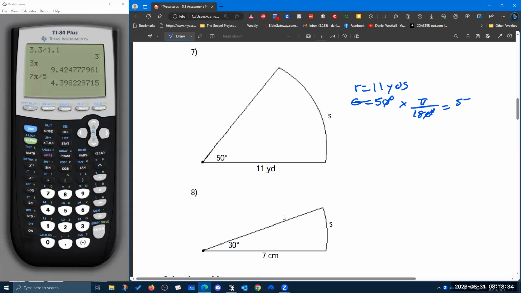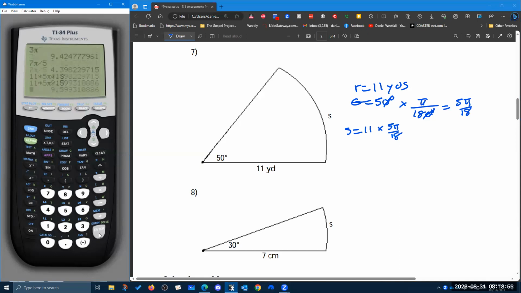This is going to be 5 pi over 18. So S is equal to 11 times 5 pi over 18, and that's going to be about 9.6 yards.